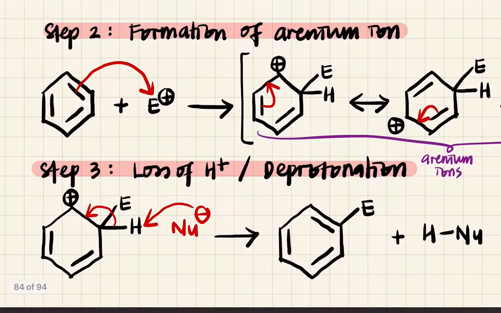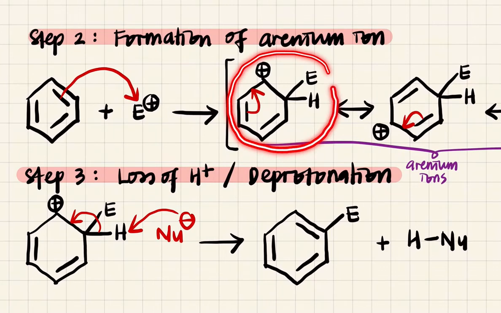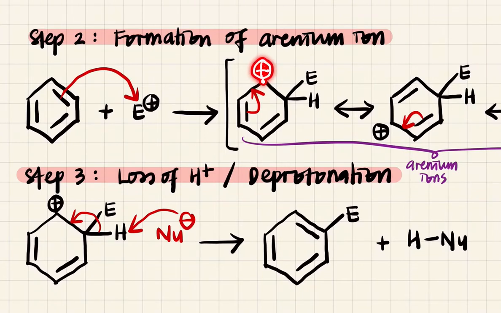So formation of uranium ion is when you have your benzene ring and electrophile here. So your benzene ring, this double bond, nucleophile will attack your electrophile. And then you will form this structure. You have to show that since you lost a double bond here, you lost this electron, this carbon lost its electron, so dia ada carbocation ion at this carbon.